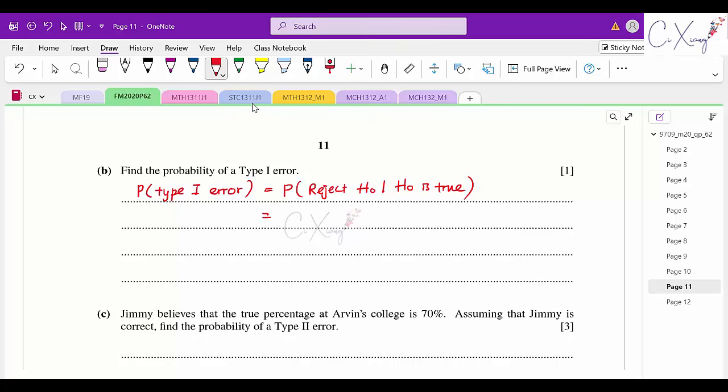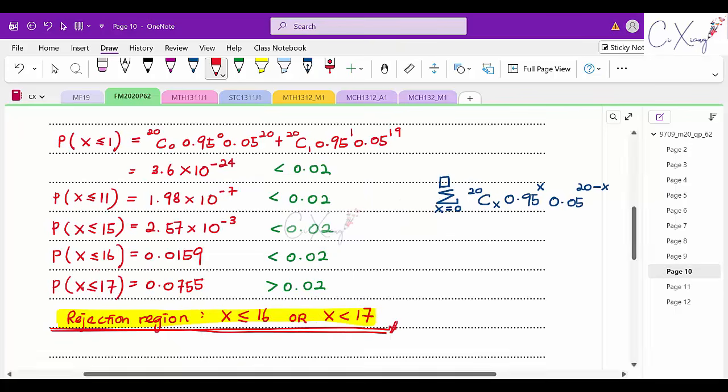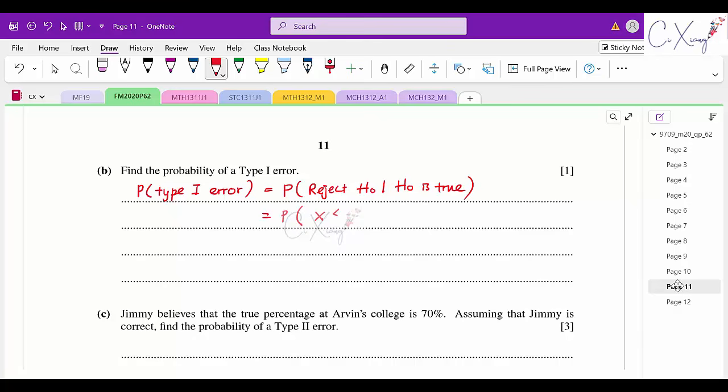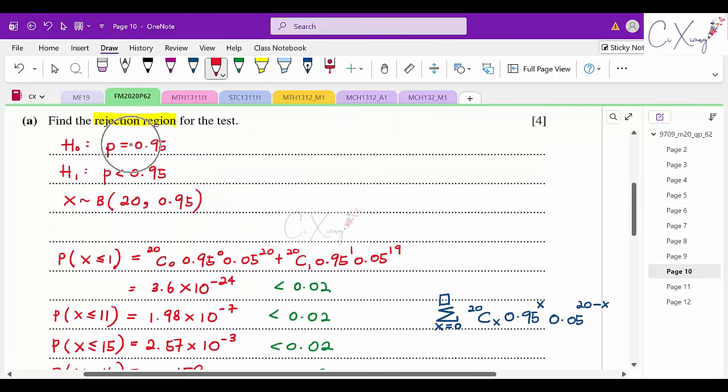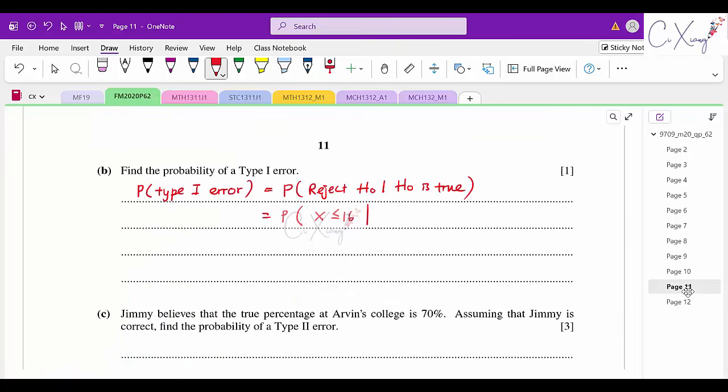In the calculation, rejecting the null hypothesis means you have to put in the rejection region. So what's the rejection region that I got? Smaller than or equal to 16, right? So I will put in x smaller than or equal to 16 here. Given that the null hypothesis is true, what is my null hypothesis? This one. And if it is true, that means p is equal to 0.95.